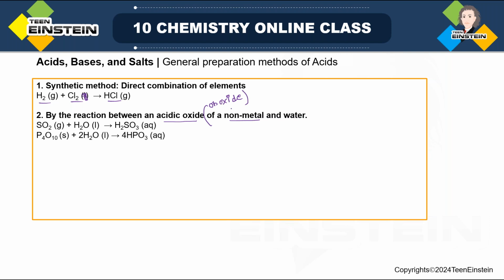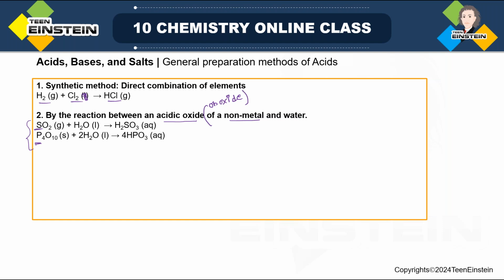When you have any oxide, that is an oxygen compound, and the other element is a non-metal, here look at this, the other element is sulfur, the other is phosphorus. Both oxides are combinations of a non-metal and oxygen. An oxide of a non-metal will behave as an acidic oxide. So whether you say non-metallic oxide or acidic oxide, it is the same thing.